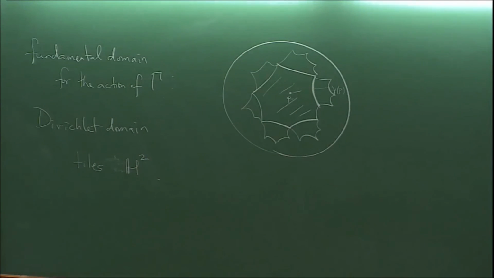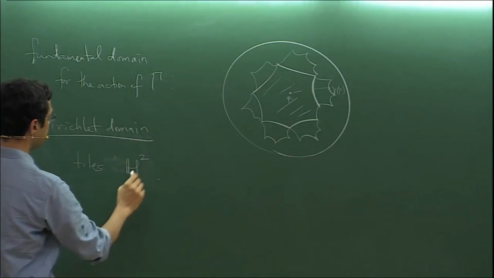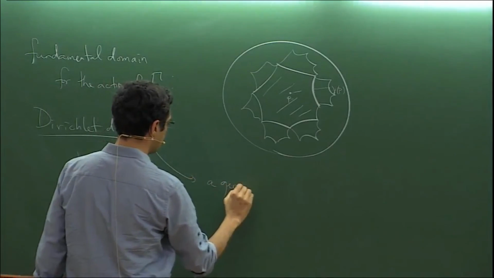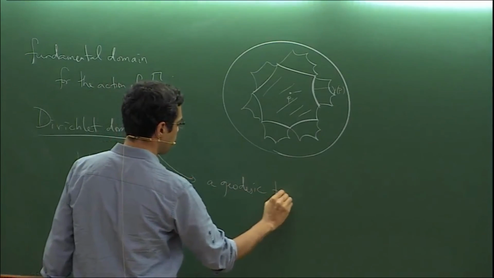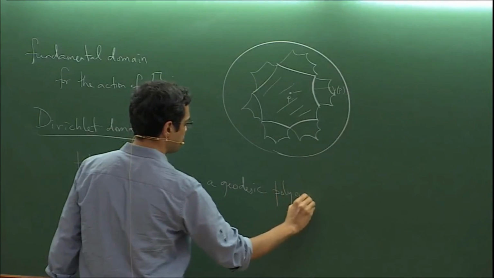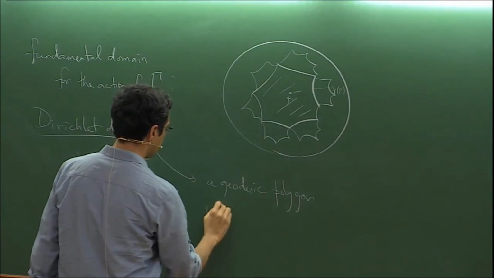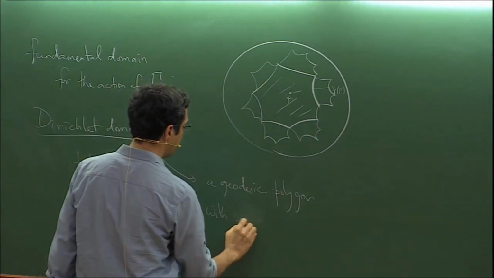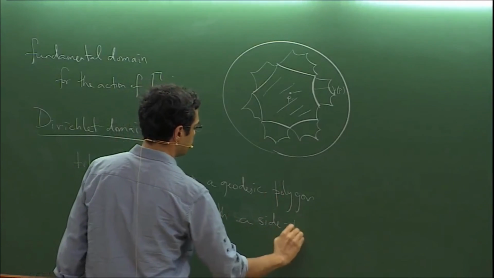The Dirichlet domain is, as I said, a geodesic polygon. So it's a polygon with geodesic sides, and it has sides which are paired.